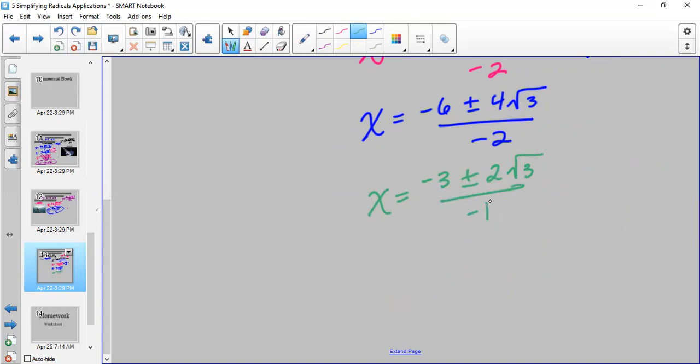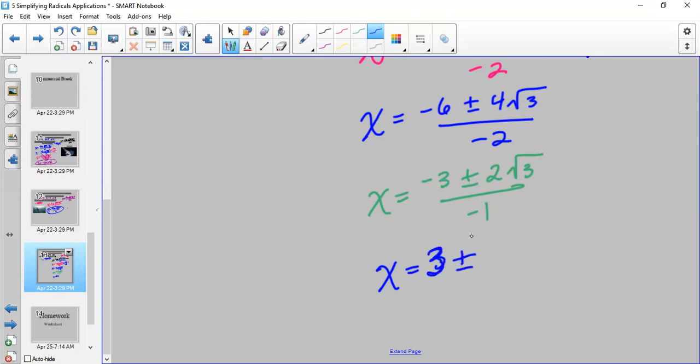Now, anytime we see a lot of negatives, we usually try to divide by a negative as well. So if I divide them all by a negative, this is what's going to happen. -3 divided by -1 is +3. And then I have a plus or minus here.